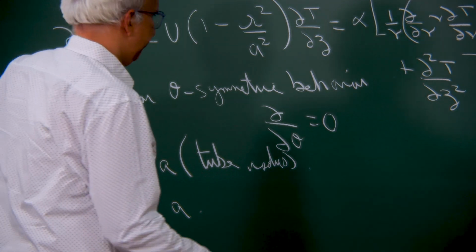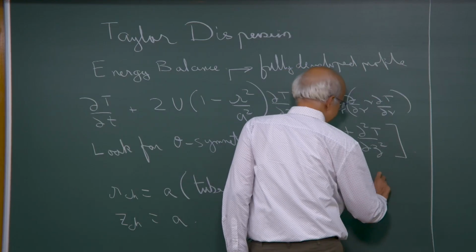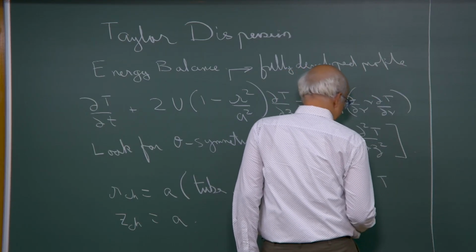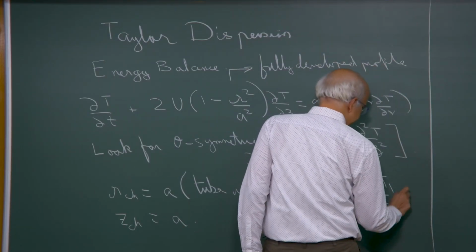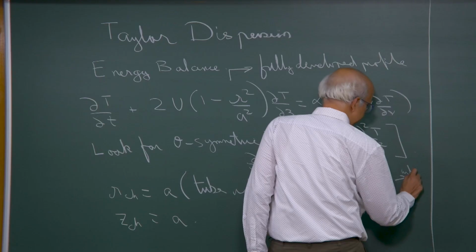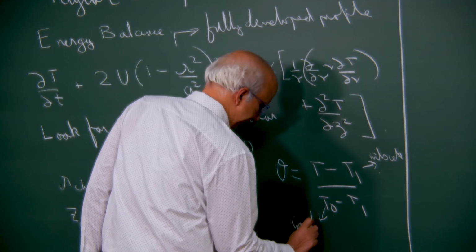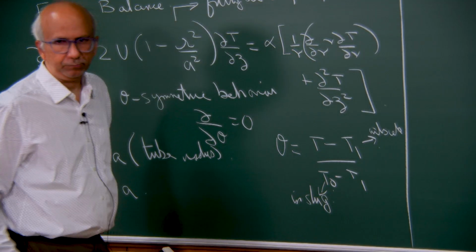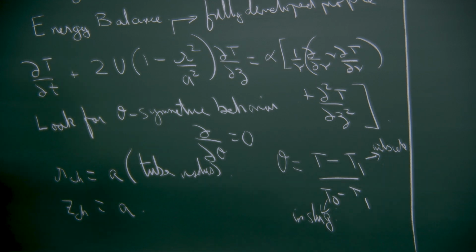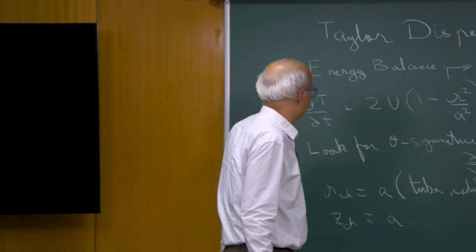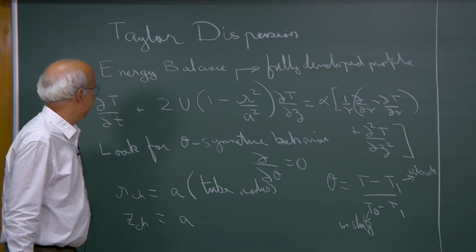What else do I have? Temperature: I am going to define theta as (T minus T1) divided by (T0 minus T1). T0 is at high temperature inside the slug, and T1 is the temperature outside. Length scale is done, temperature is done.